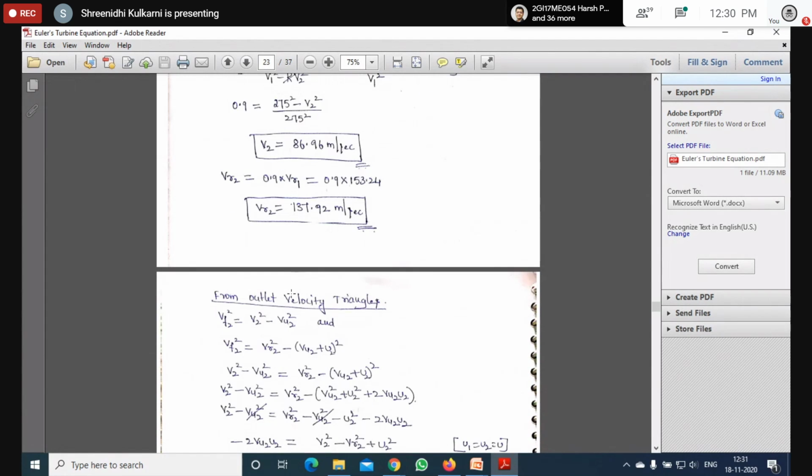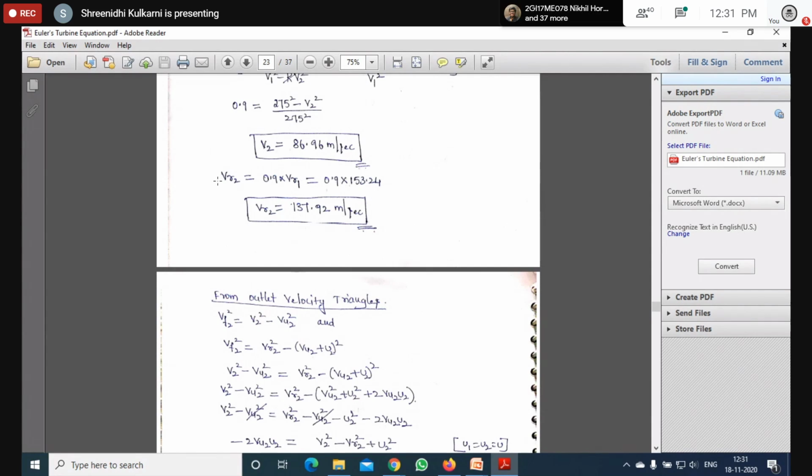Next, find out VR2, because this is also given in the data. The relative velocity at outlet is equal to 0.9 times VR1.